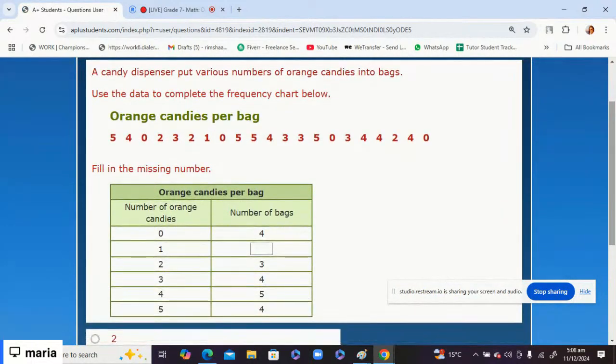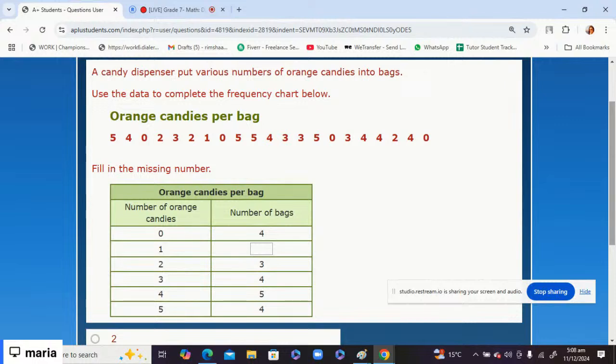Now, a candy dispenser put the various number of orange candies into a bag. Use the data to complete the frequency chart below. Orange candies per bag.